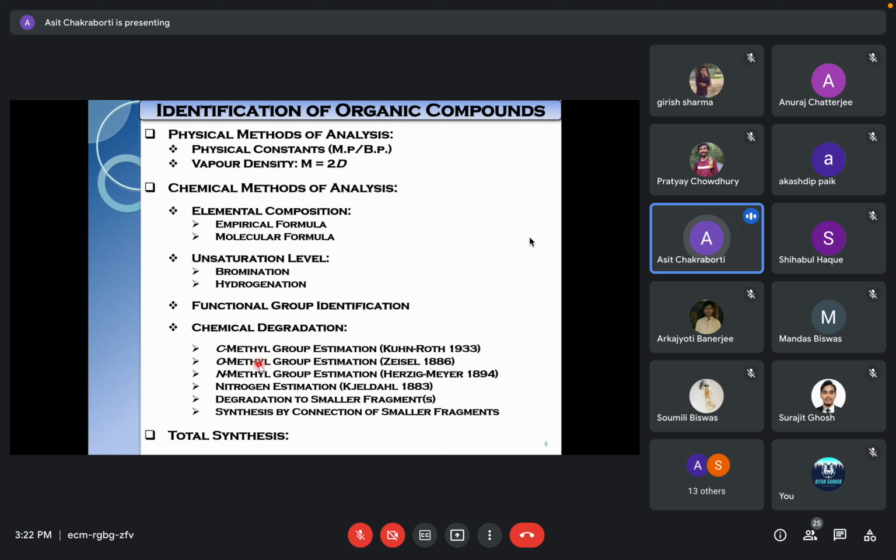Now, say the OMe group, there might be an ester OMe like methyl benzoate, or methyl acetate, CH3CO2Me. Or it might be anisole, where OMe is attached to an aromatic ring.